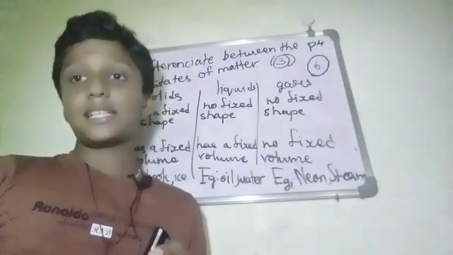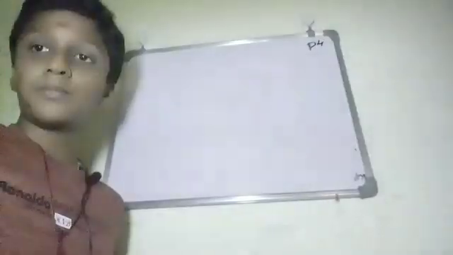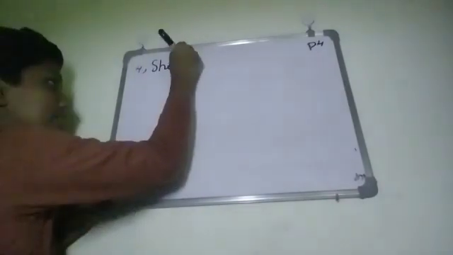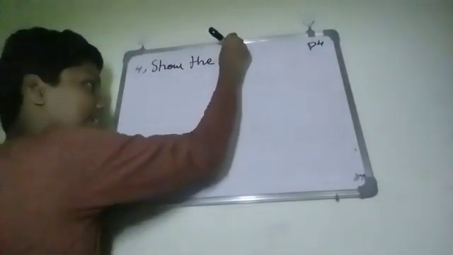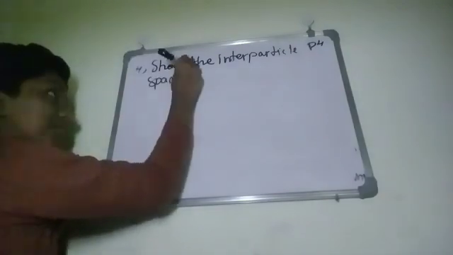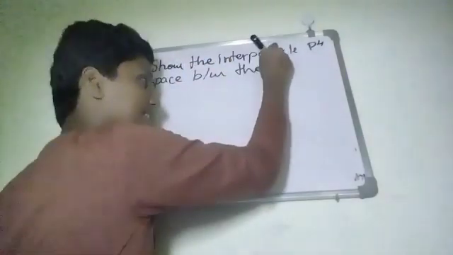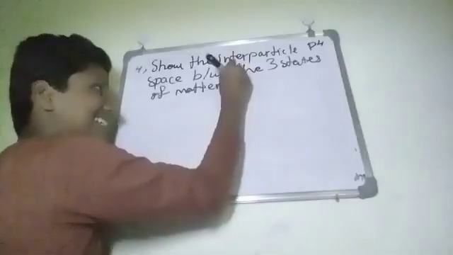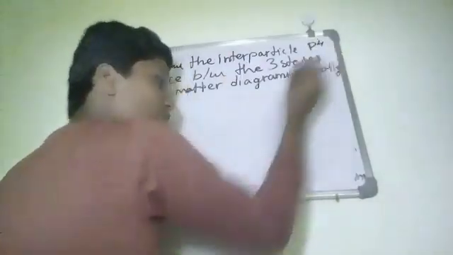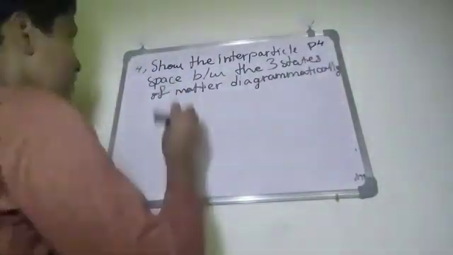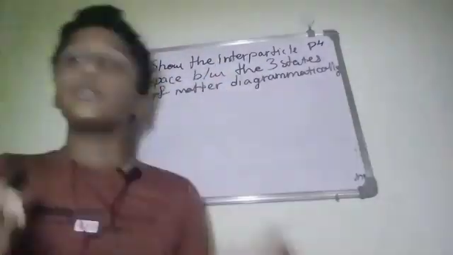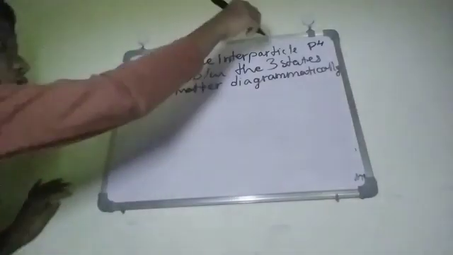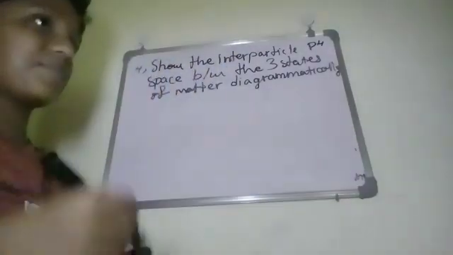And next, let us look into the last question. The last question is, show the interparticle space between the 3 states of matter diagrammatically. So when this word comes, diagrammatically, you need to draw, and you need to show the interparticle space.